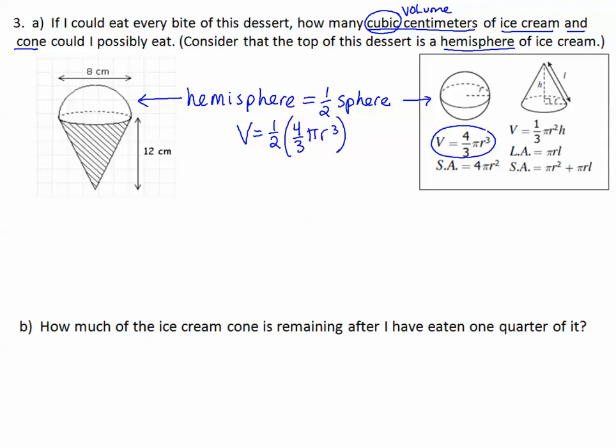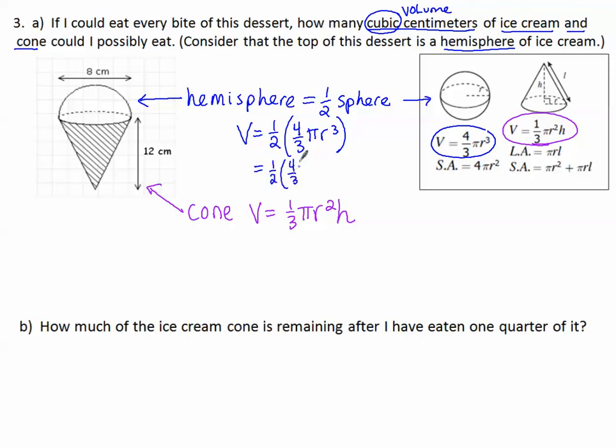The bottom portion, the cone, is the cone formula, and that's the entire cone. So the cone volume is 1/3 pi radius squared times height. So let's plug in the values from the picture to get each of these volumes.